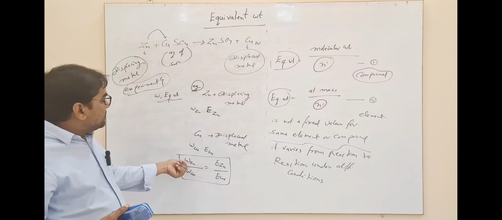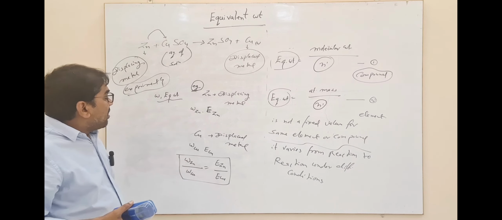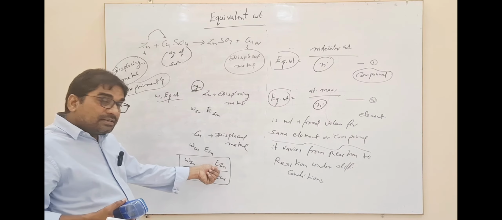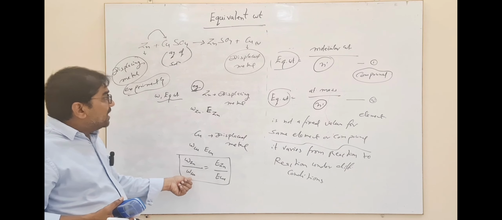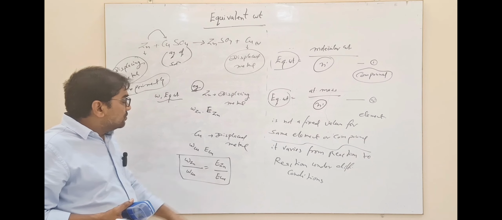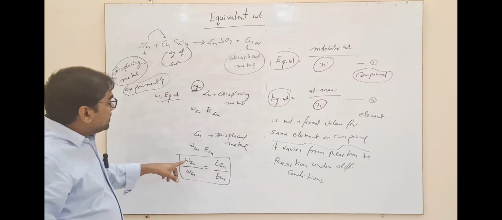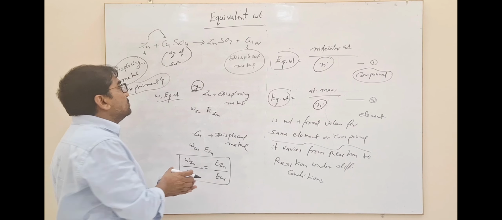If the mass of displacing metal is WZn and its equivalent weight is EZn, the displaced metal mass is WCu and its equivalent weight is ECu, then the relation will be WZn divided by WCu equal to EZn divided by ECu.